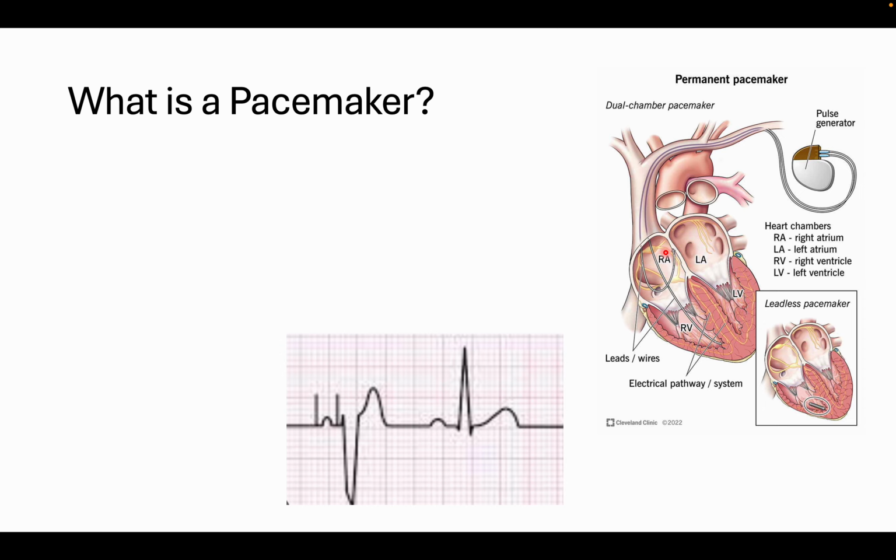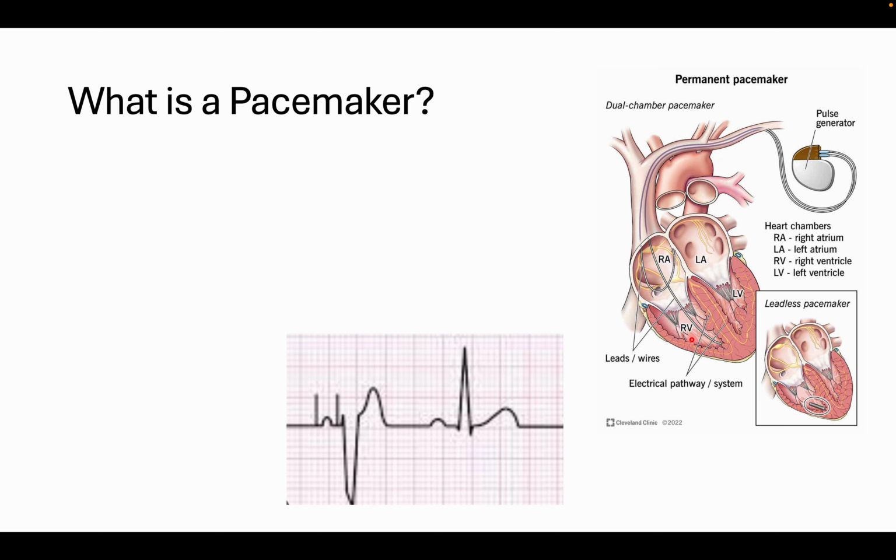So the leads of a pacemaker have specific functions. They are able to sense intrinsic electrical activity. For example, in the atria, they'll be able to detect the sinus beat. They'll be able to detect atrial ectopics. They'll be able to detect atrial fibrillation.